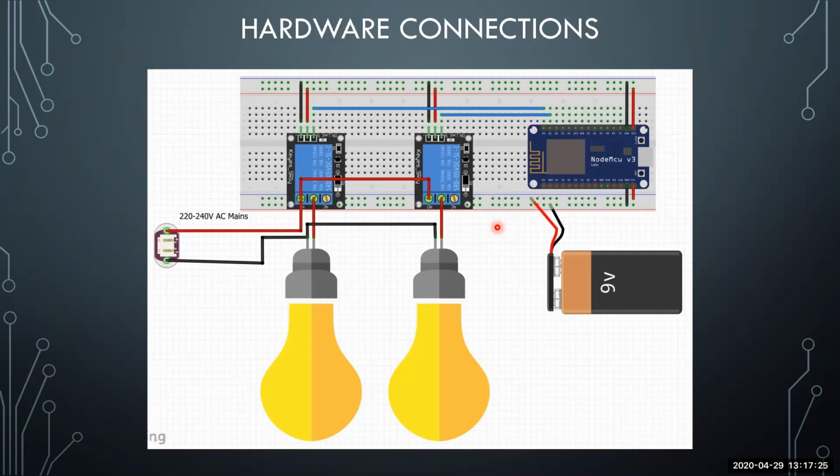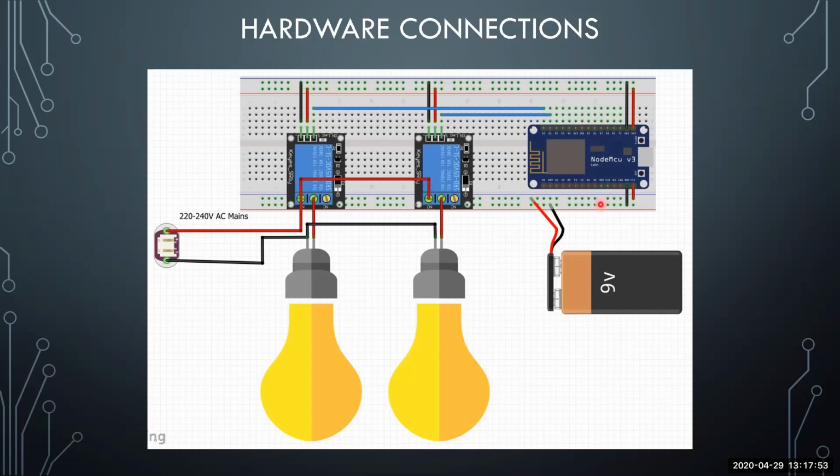Moving on to hardware connections, let's see the components. Here we are using a NodeMCU, and we are using channel relays. You can use N channel relays, however many electrical appliances you want to connect to. And we are using a 9-volt battery because the NodeMCU input voltage range varies from 5 volts to 10 volts.